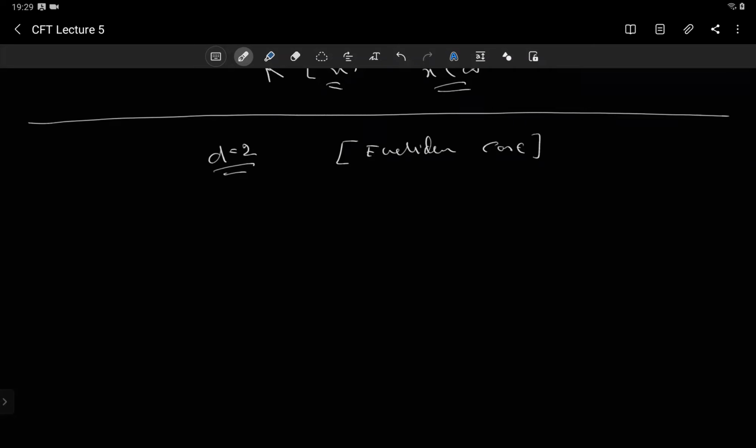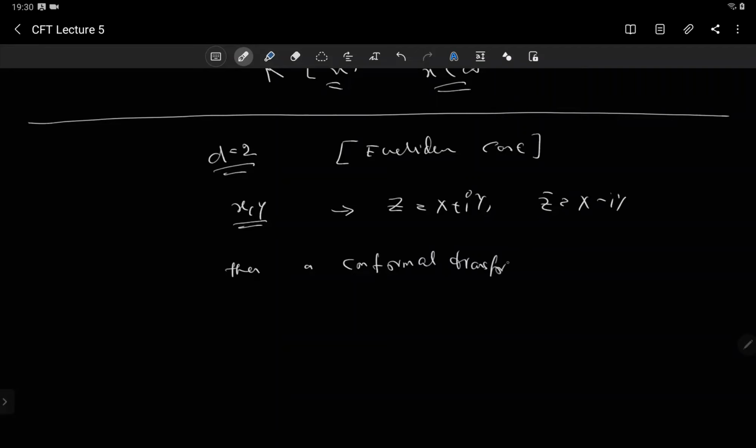So in the Euclidean case, d equal to 2 means you have two coordinates, x and y. But if you write this in terms of z and z bar, then a conformal transformation is simply a holomorphic transformation, any holomorphic transformation.